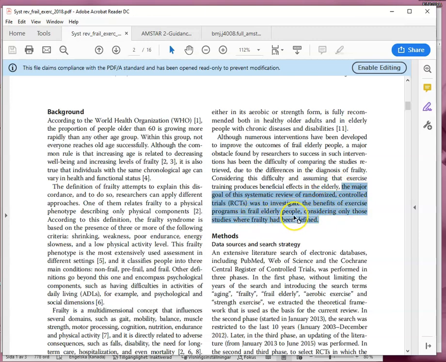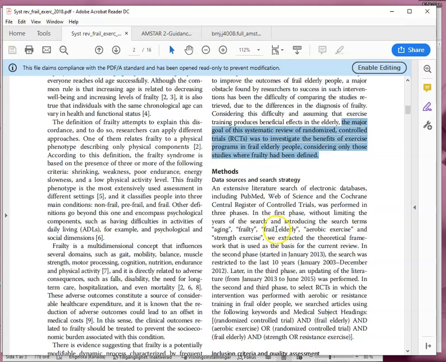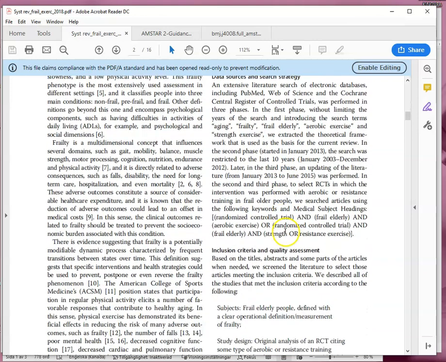In frail elderly people, that's the population. There's nothing about the control group and nothing about the outcome yet, but we should also check the inclusion criteria.